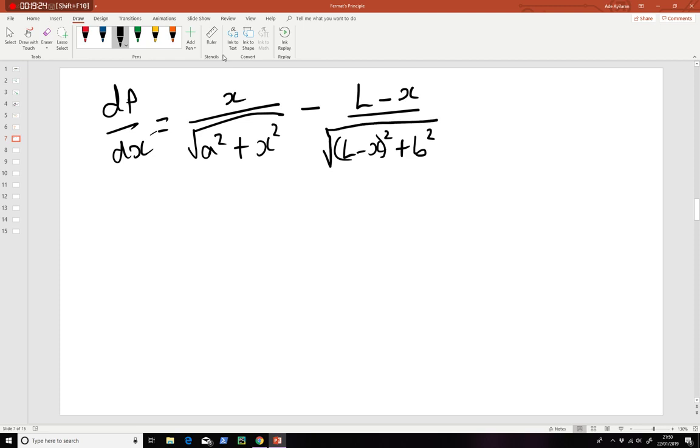Now what I'm going to do is set that to 0, and this allows me to rearrange and rewrite this whole expression as this.